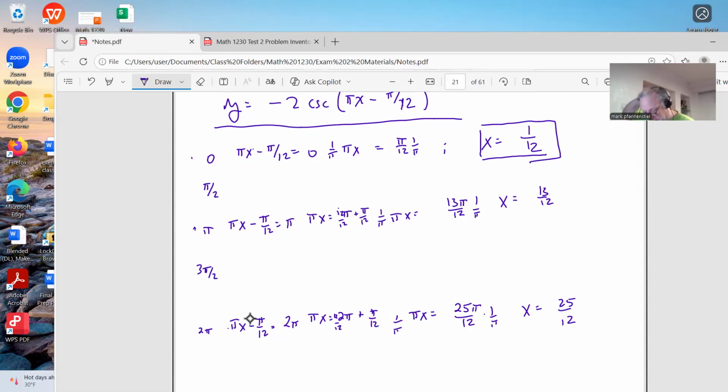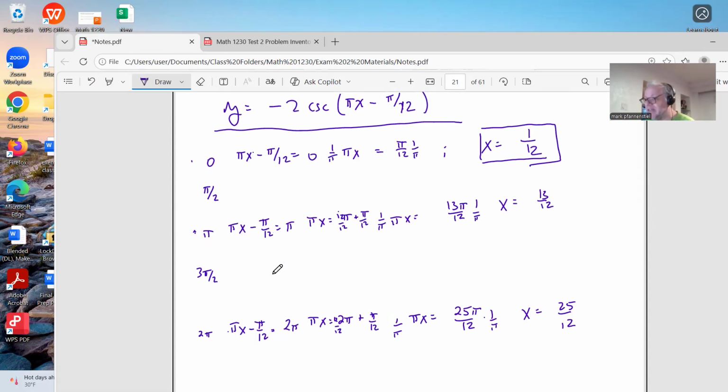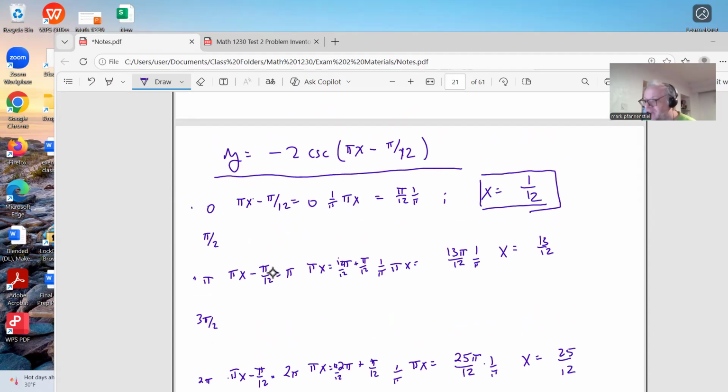Okay, great. We're not quite done yet because we still have 2 more points to deal with. So we have pi x minus pi over 12 equal to pi over 2. Let's add the pi over 12 to both sides. We have pi x equals pi over 12 plus pi over 2.